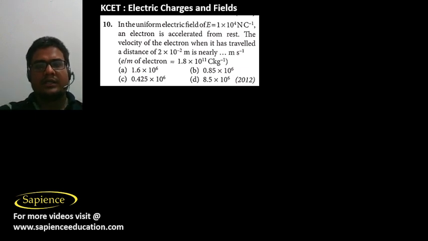Then in question number 10, it is told in the uniform electric field E, which is equal to 1 into 10 power 4 Newton per coulomb, an electron is accelerated from rest.